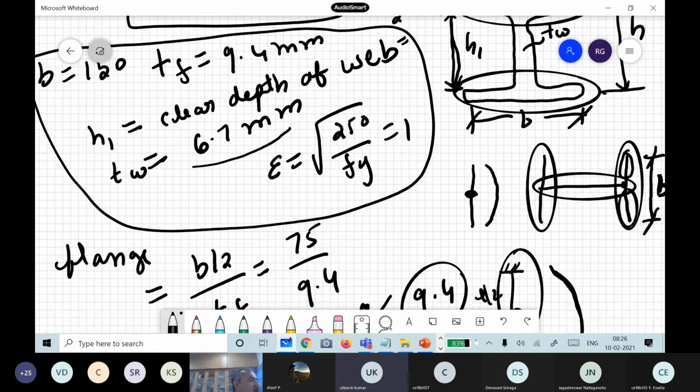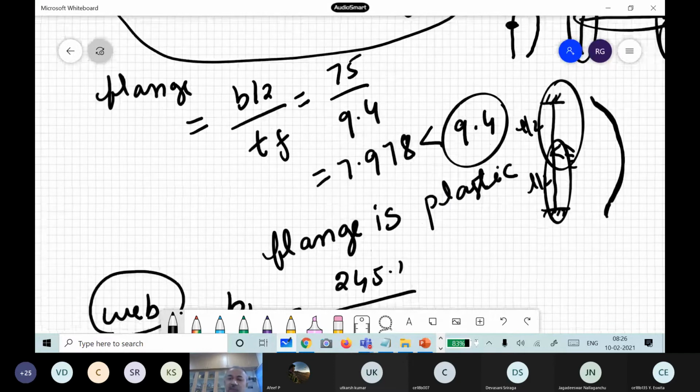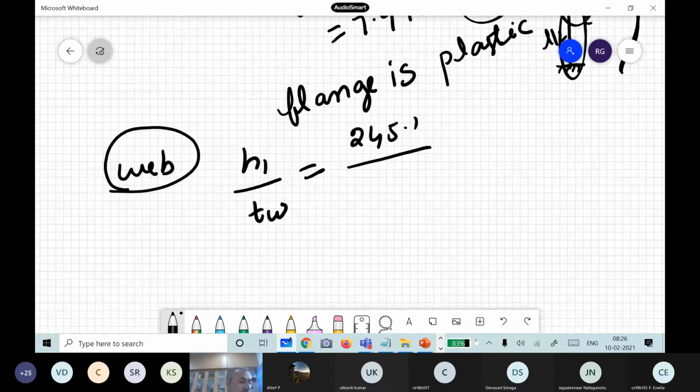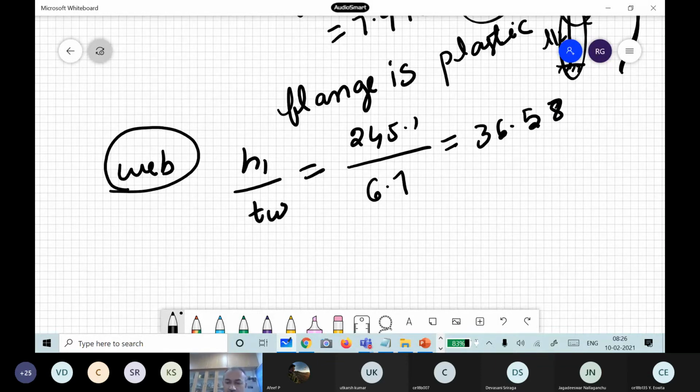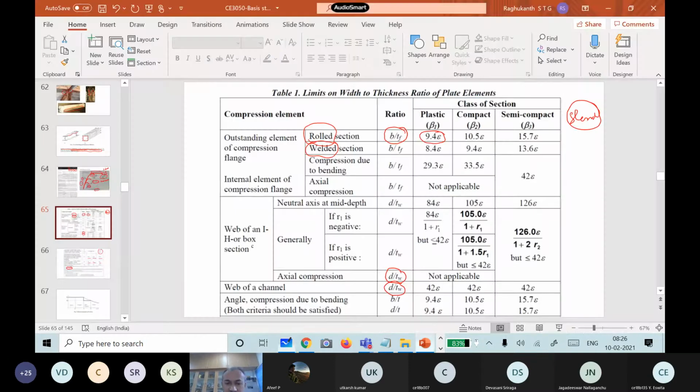H1 only, excellent. Okay, because the flange is a constraint at H1 itself. So now you take just H1 by TW. With TW equal to 6.7, you calculate. So this turns out to be 36.58, and you go to our steel tables.